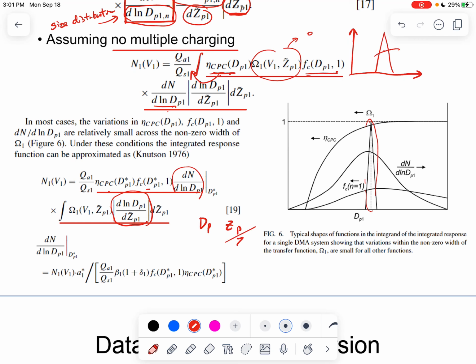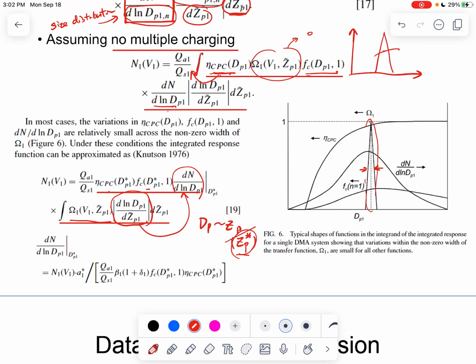Further, ZP tilde is just ZP normalized by the centroid particle mobility, and this is just a constant. So you know the relationship between these two, and you can directly calculate it. That's also constant in the narrow range of the transfer function, so you can take that out as well.